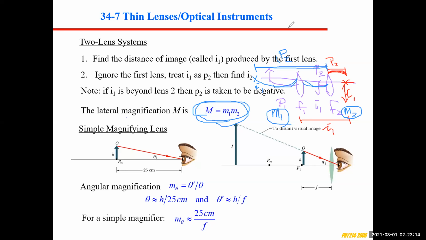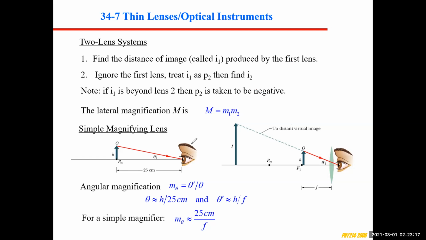So that is that. And then there are several applications for the lens. One that is used a lot is what we call the magnifying glass, or magnifying lens. Let's say for a healthy eye, when you're young, your eye will naturally focus at 25 centimeters.